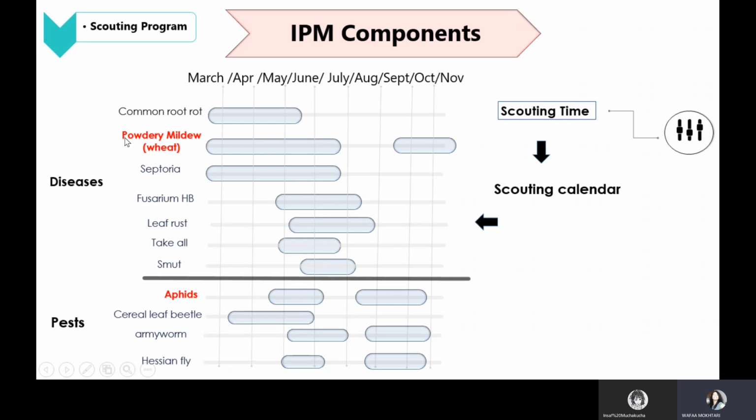For example, powdery mildew in wheat most often attacks from March till late July, and sometimes it may appear in the fall, from September to November. Once you have this calendar, you are prepared. This is one of the skills you need during the scouting program, and there are other skills we will see in the next slides.